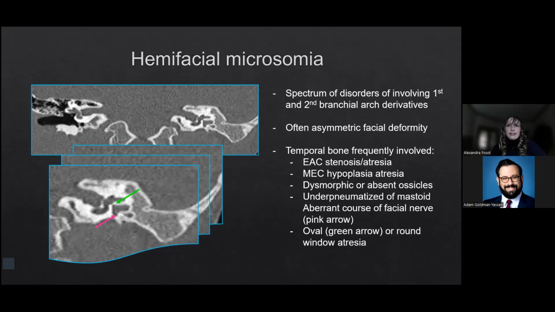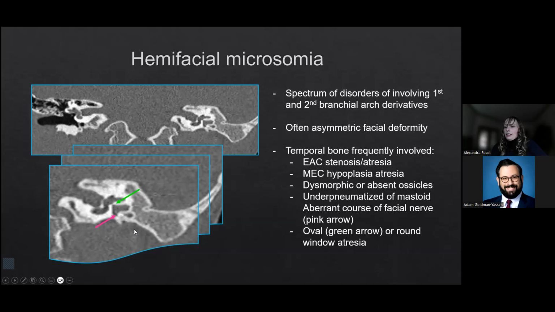And so, as you might expect, you're going to have structures in the ear that are either not there or are too small or not formed. They have a high likelihood of having stenosis or atresia of the external auditory canal and middle ear cavity. This patient I'm showing you is a really extreme example where they have basically no external auditory canal, very little middle ear cavity, and a very stenotic atretic oval window.